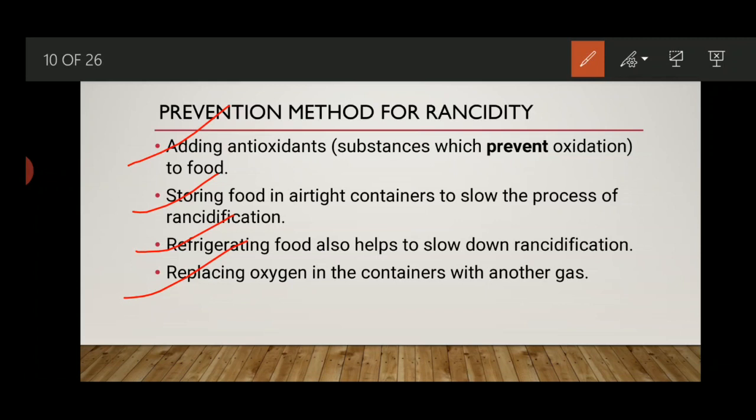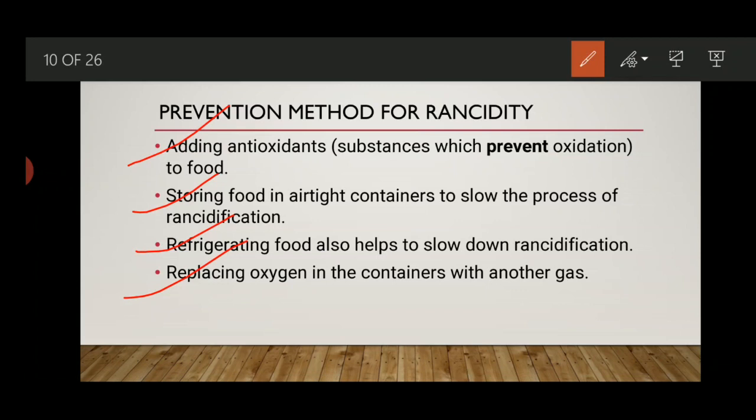Storing food in an airtight container also prevents it. Refrigerating: commonly we keep our food material in the refrigerator, because the temperature in the refrigerator is very low, so our food does not get oxidized. Last is replacing oxygen in the containers with another type of gas.